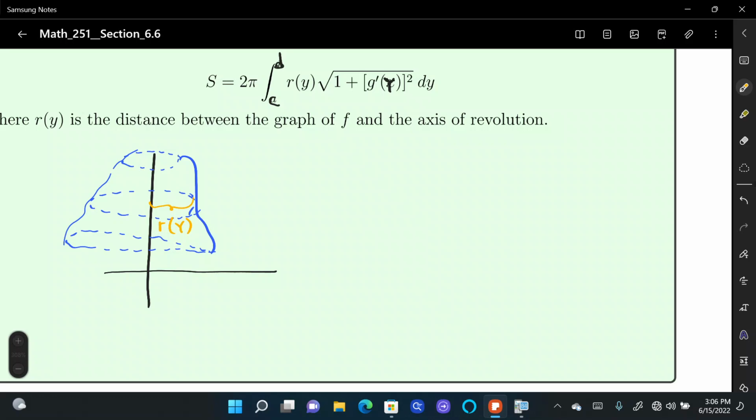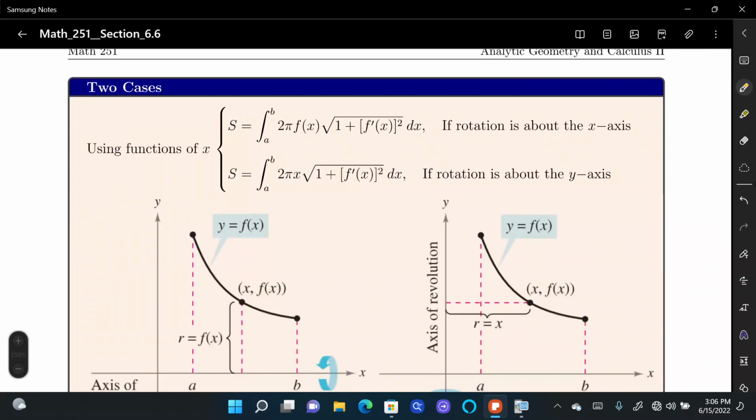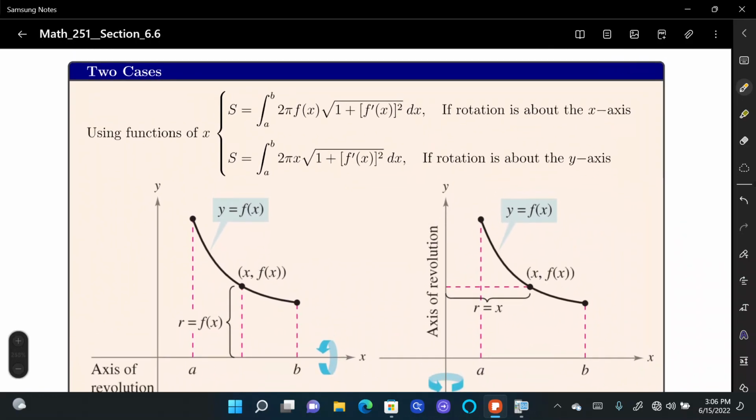All right, so two cases. Let's look at the different cases. I have summarized all the cases on the next page, just so you can see the rotation and how to set up the problem.